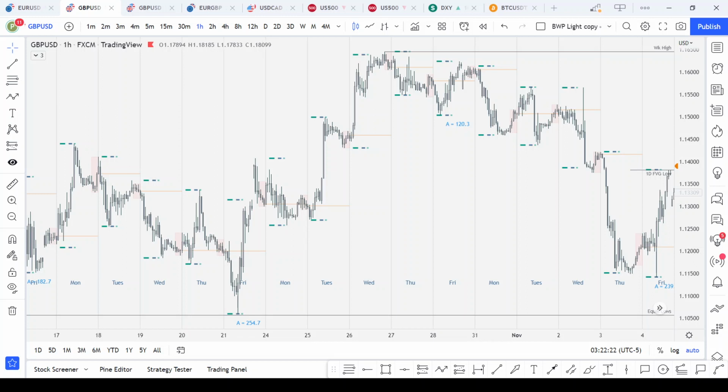Just give me a minute. I think that was a few weeks back when I mentioned that I am anticipating a market maker sell model on GU.